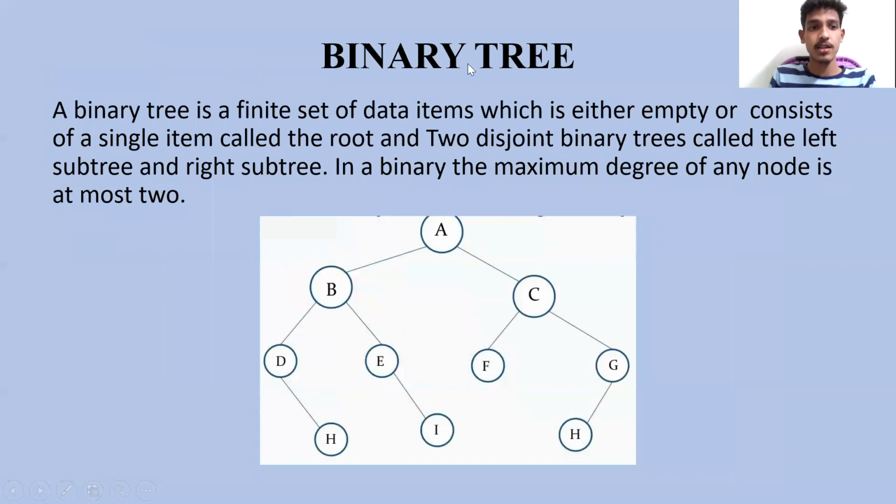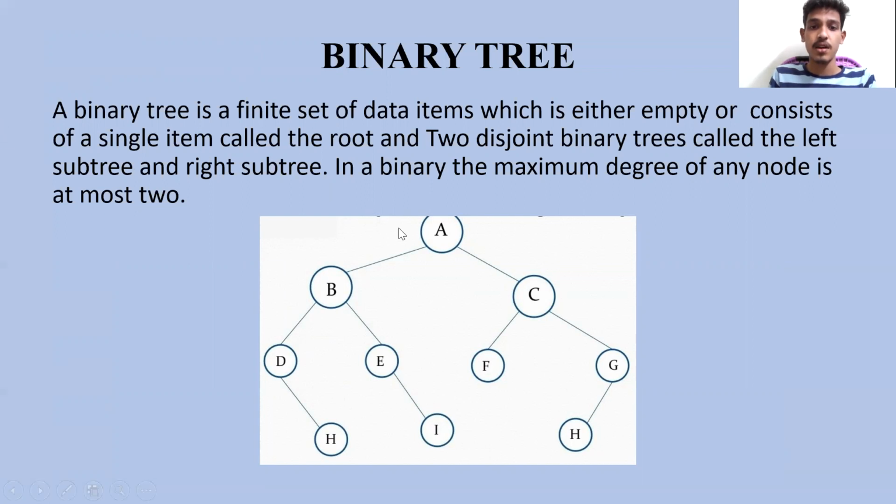Next, what is a binary tree? A binary tree is a finite set of data items which is either empty or consists of a single item called the root and two disjoint binary trees called the left subtree and the right subtree. In a binary tree, the maximum degree of any node is at most 2.